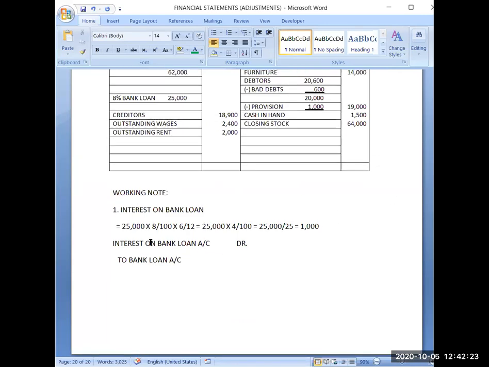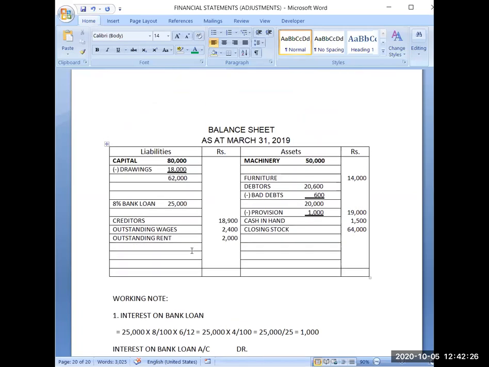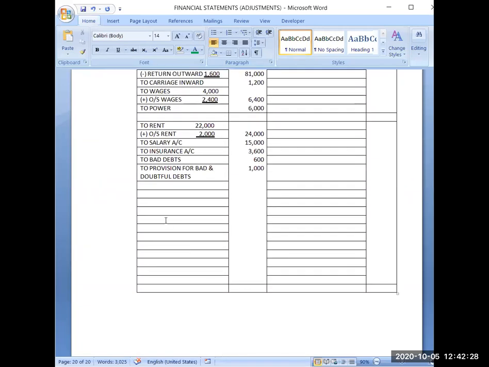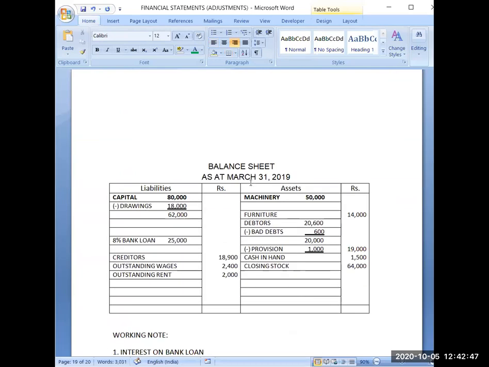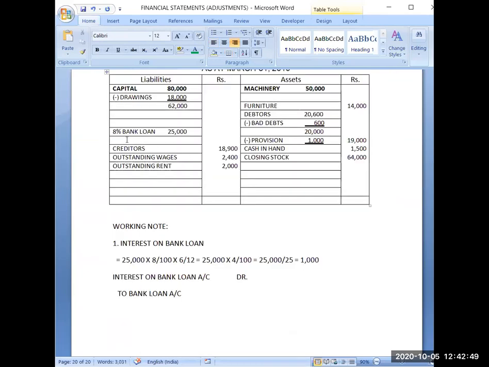So the first part of this adjustment is interest on bank loan. That will be transferred to the profit and loss account here, to interest on bank loan, and the amount is again 1,000. And this 1,000 interest will be added here in the bank loan.